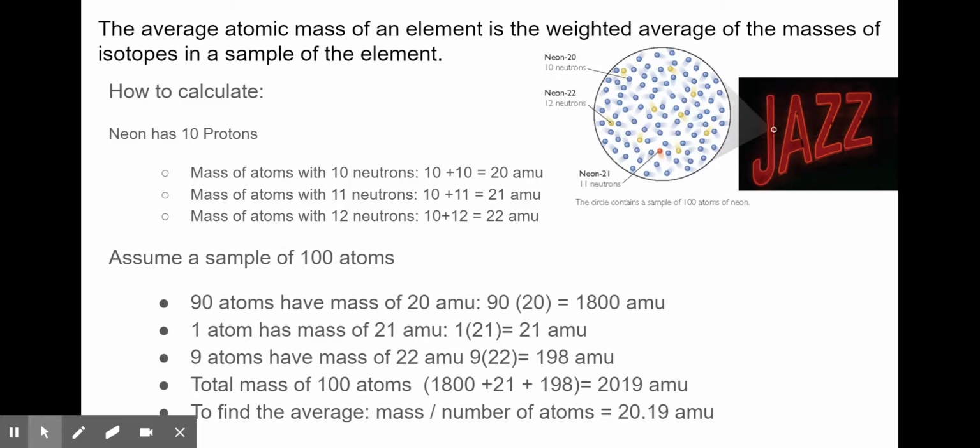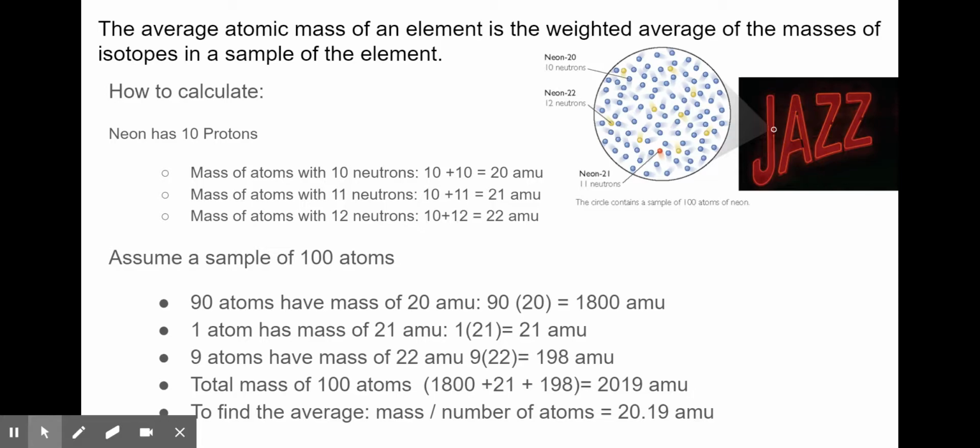So what we want to do, we want to say, okay, I have 90 atoms that have a mass of 20, so we take 90 times 20, and that gives us our overall mass of 1,800 AMUs, or 1,800 mass units for the neon 20, okay? I have 9 that have a mass of 22, okay? So what we're doing here, if you're not picking up on that, we're finding the overall mass of our sample and then finding the average, okay?